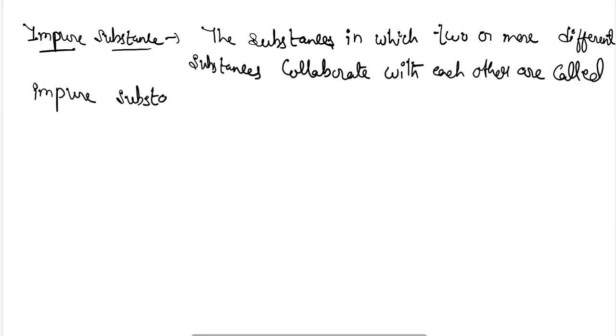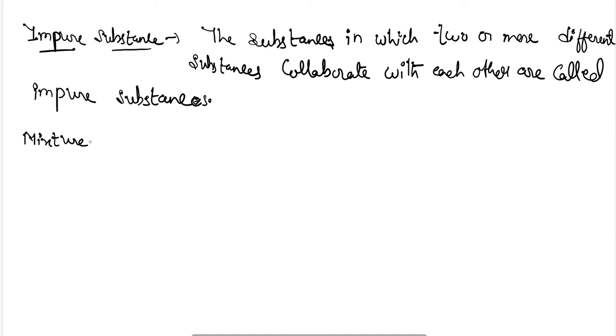If the substances are two or more, then it is natural that their particles will also be different. So different particles are collaborating with each other, and that type of collaboration is termed impure substances.